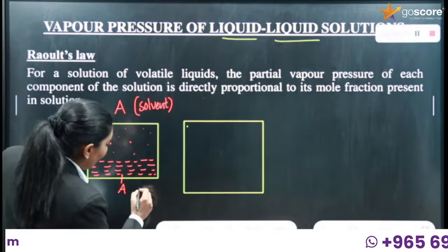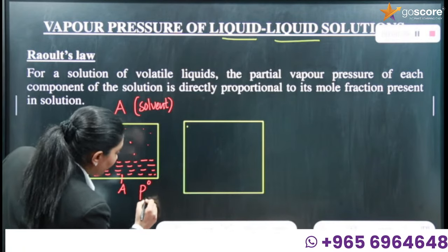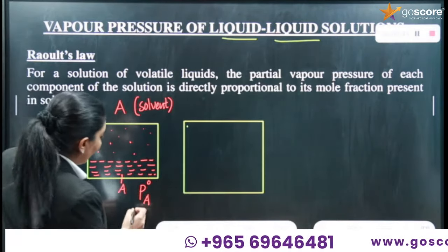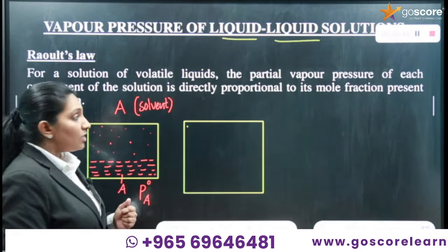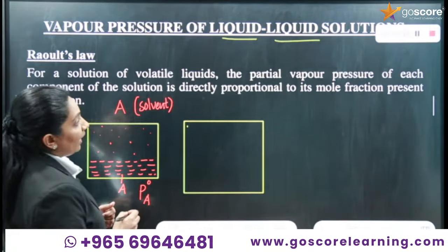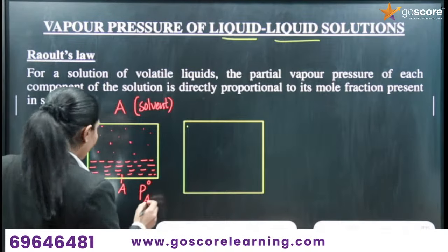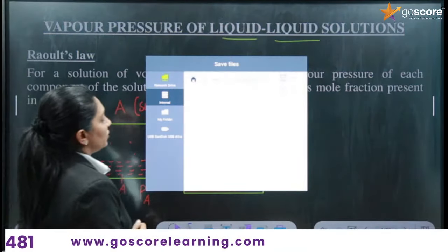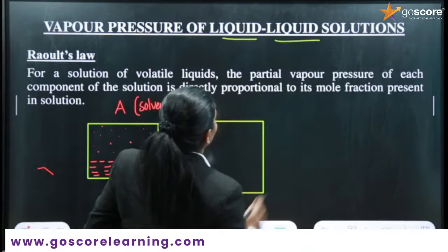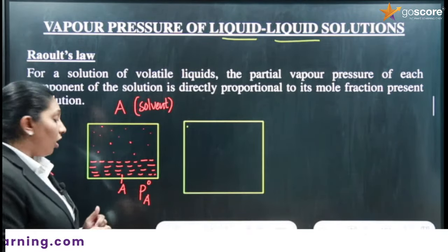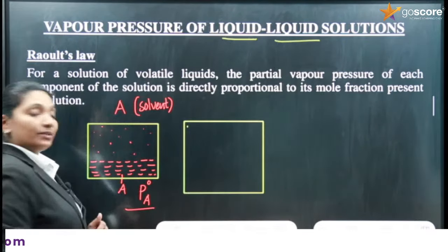It is the vapor pressure of pure component A, which we represent by PA naught. PA naught is the pure vapor pressure of the component A.